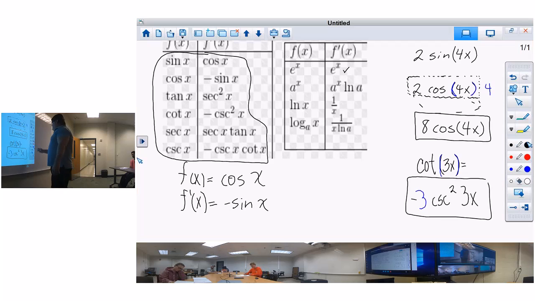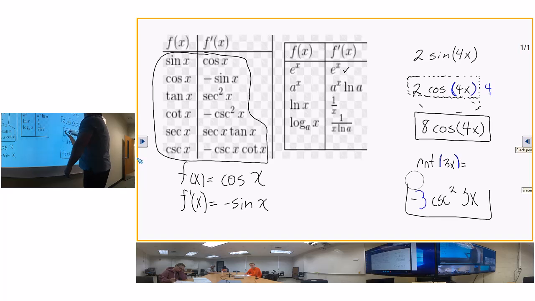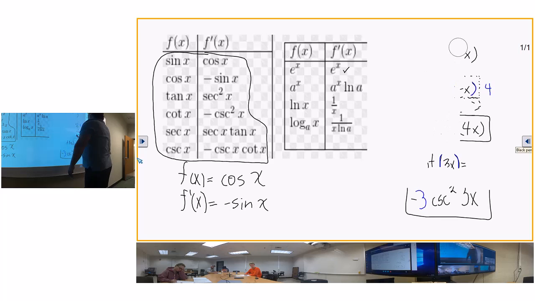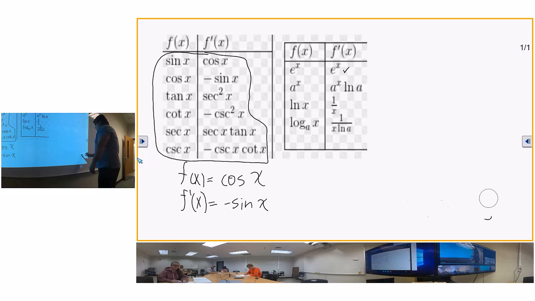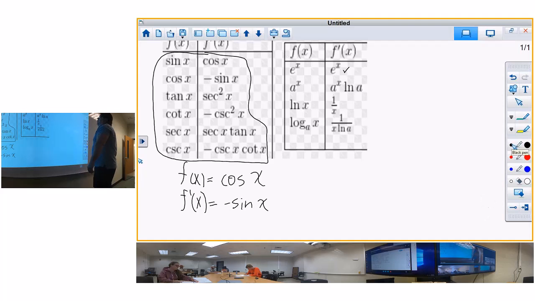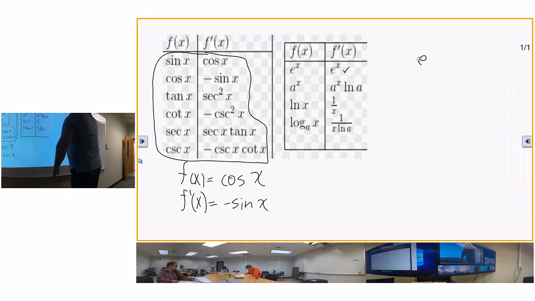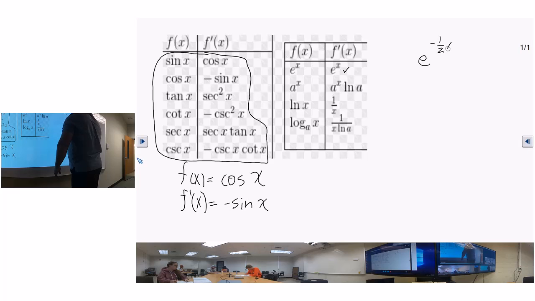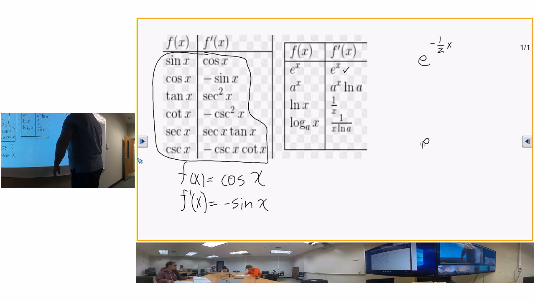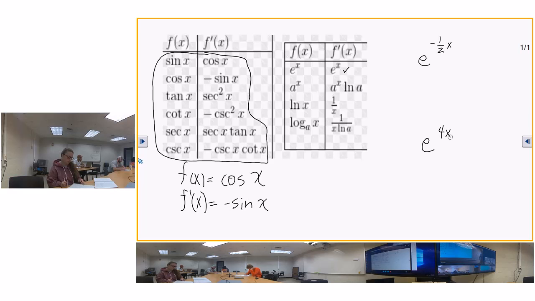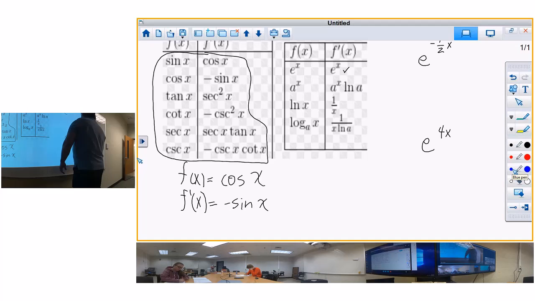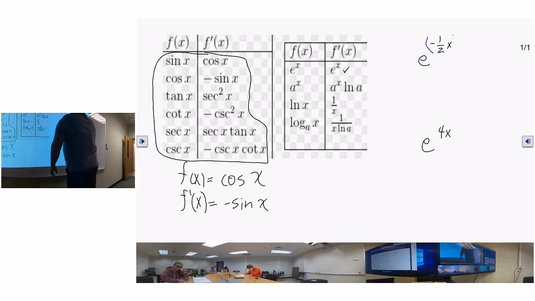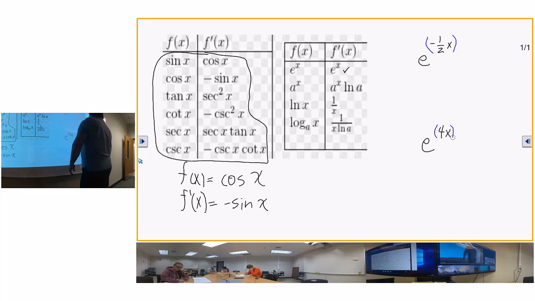So, with that being said, we're going to erase this, and I'm going to do just one or two of e to the x's. And then we'll get back to what we were doing with the chain rule. So, e to the negative 1/2 x and e to the 4x. Now, if you need to, take your handy dandy blue pen and put those in parentheses.